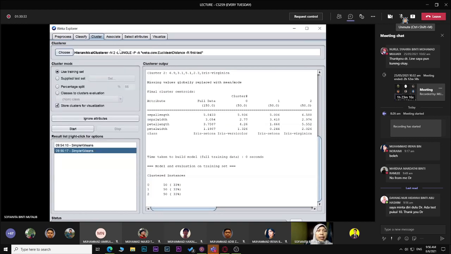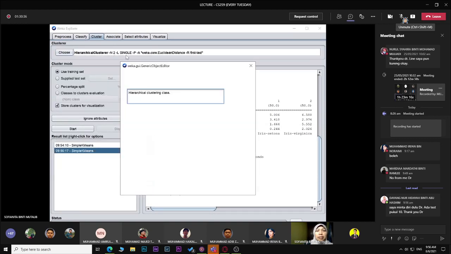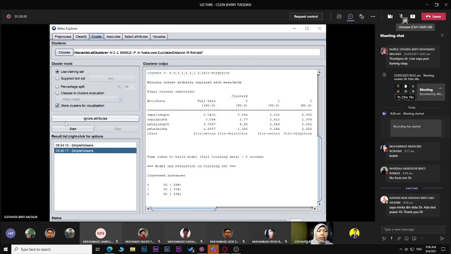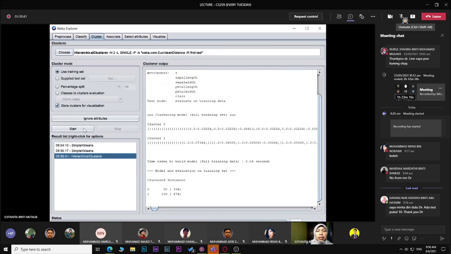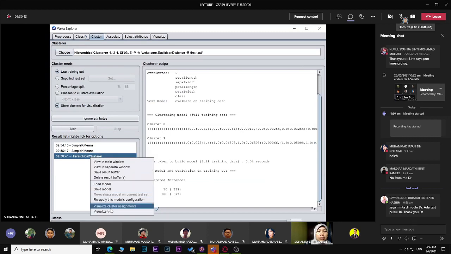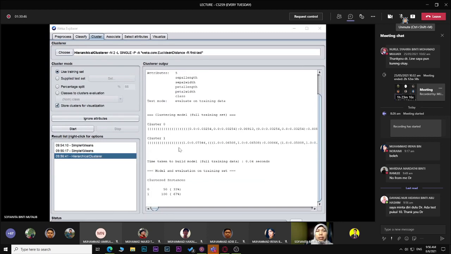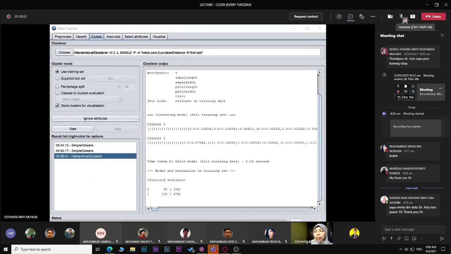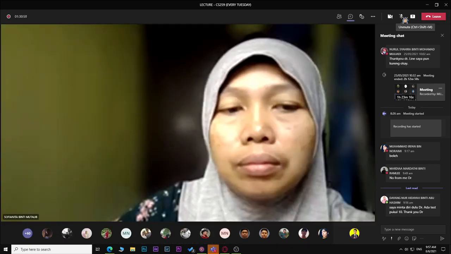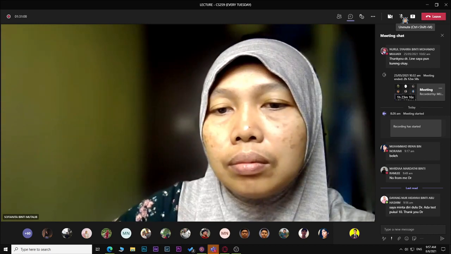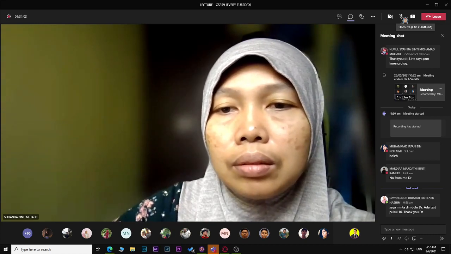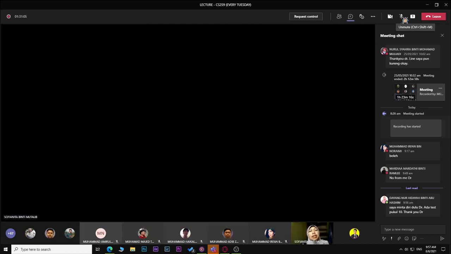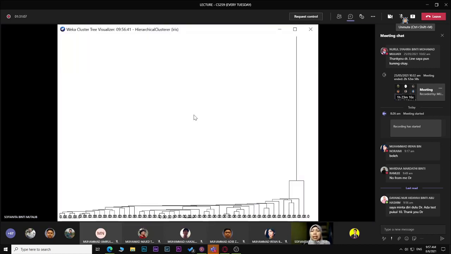Another method will be the clusterer. If you look at the clusterer, okay, saya run saja ini. So ini adalah untuk hierarchical clustering kita.